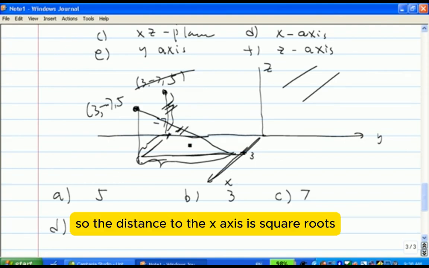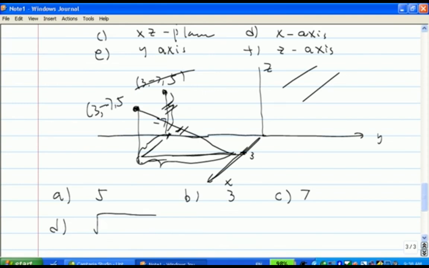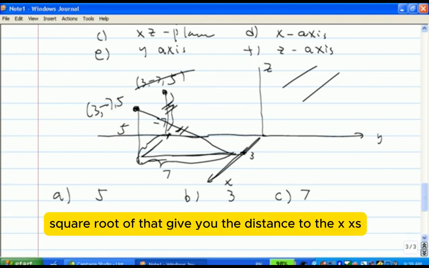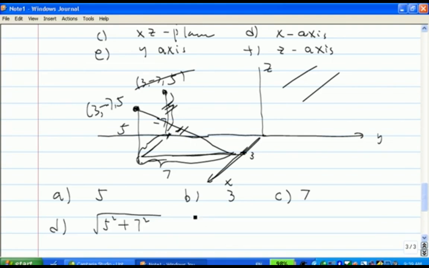So the distance to the x-axis is a square root. Use the Pythagorean theorem. This is 7, this is 5. So 5 squared plus 7 squared. The square root of that gives you the distance to the x-axis.